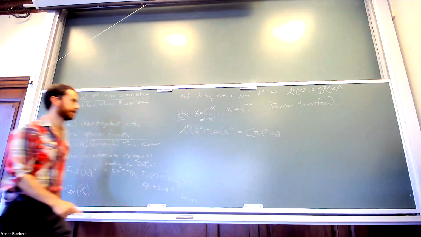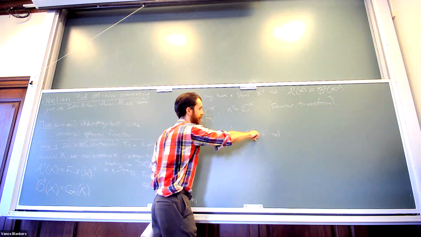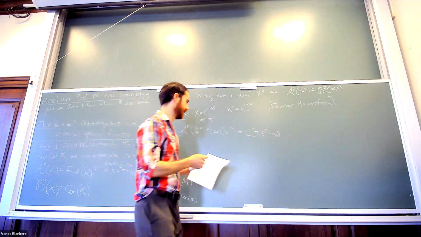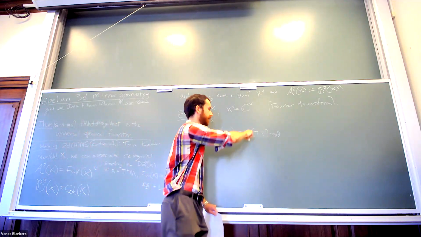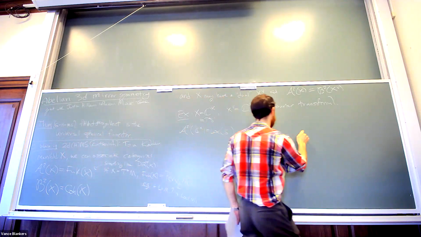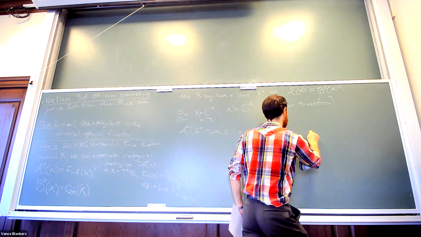That's what it means to be a local system on S1. It's a representation of the fundamental group of S1, or modules over the group ring of that thing. And the group ring of the fundamental group of S1 is equal to functions on the dual copy of C star.